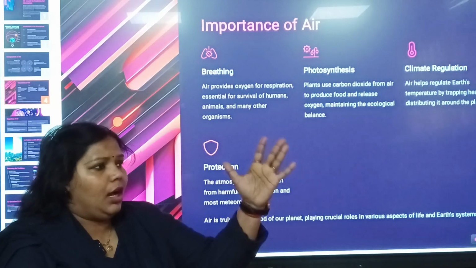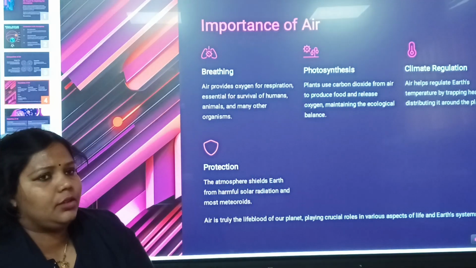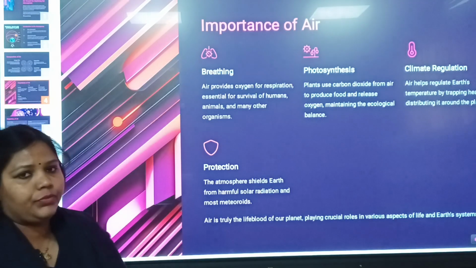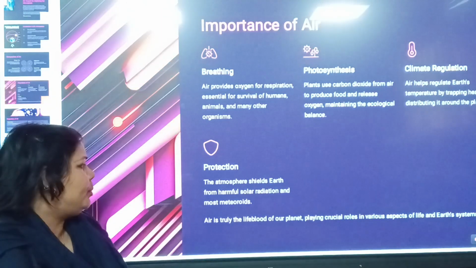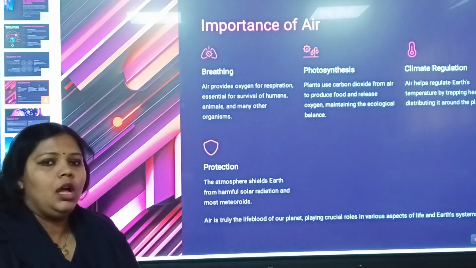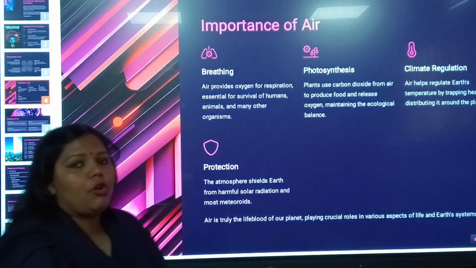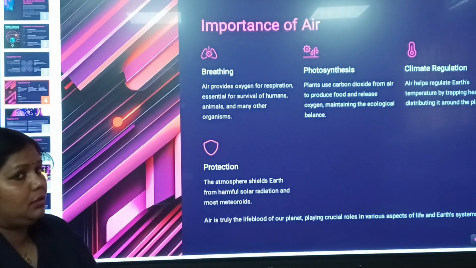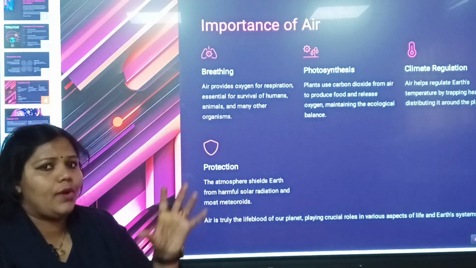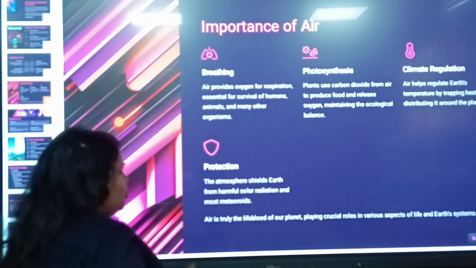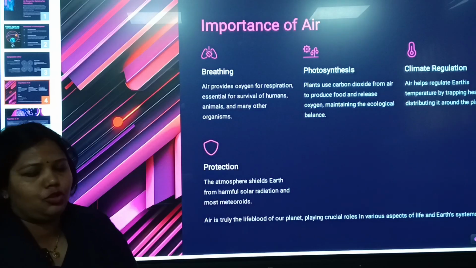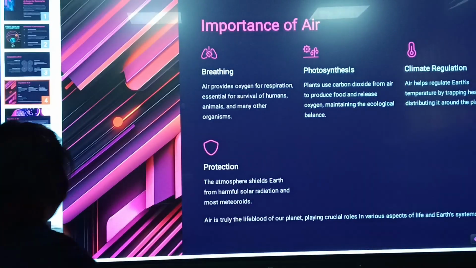If these come directly to the earth, it will definitely cause harmful effects on earth's vegetation. So these atmospheric layers help protect the earth and living organisms from solar radiation, like ultraviolet rays and many other harmful gases trapped in the stratosphere region. So air is truly the lifeblood of our planet, playing crucial roles in various aspects of life and the earth system.